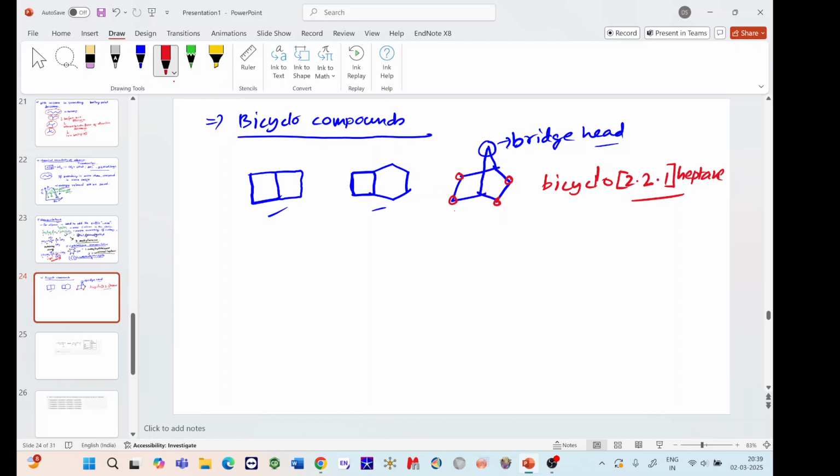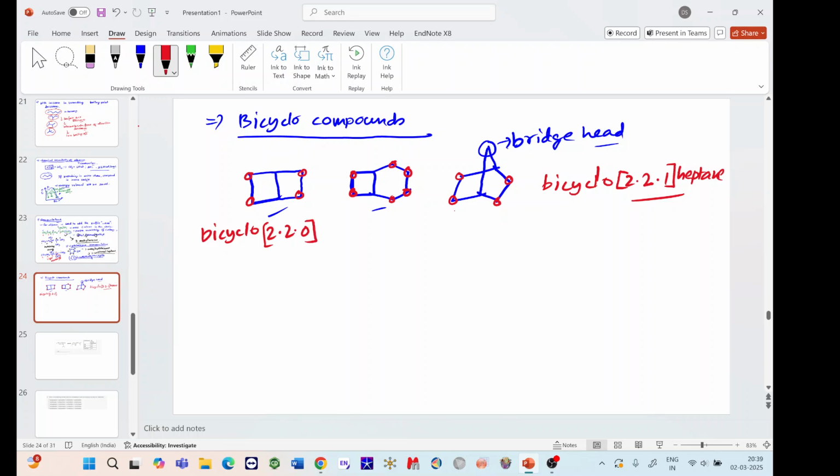In this case, you don't have any bridge, so you need not consider the bridge here, but other things will be the same. You can see on either side you have a similar number of carbon atoms, so it will be bicyclo 2, 2. You don't have any bridge atoms, so 0.